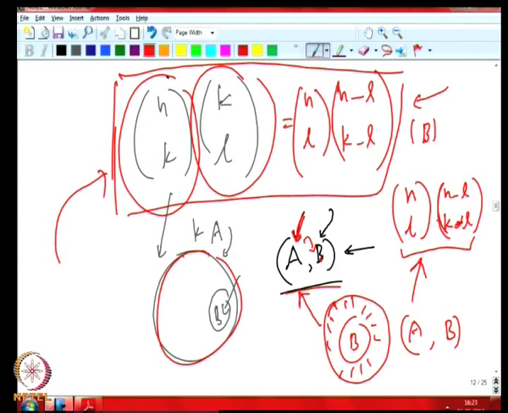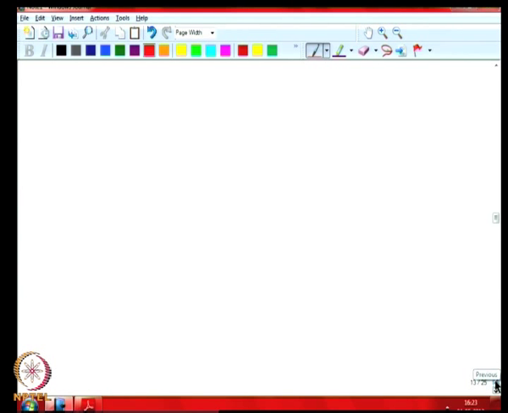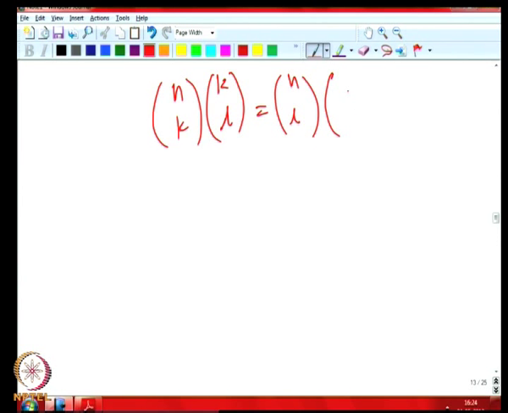For instance, if you wanted a matrix form for this formula, n choose k into k choose L is equal to n choose L into n minus L choose k minus L, we could have drawn it like this. Draw a matrix.